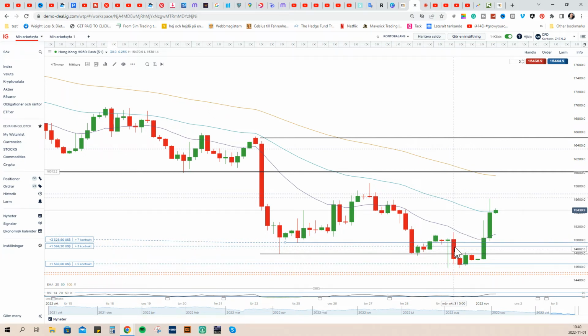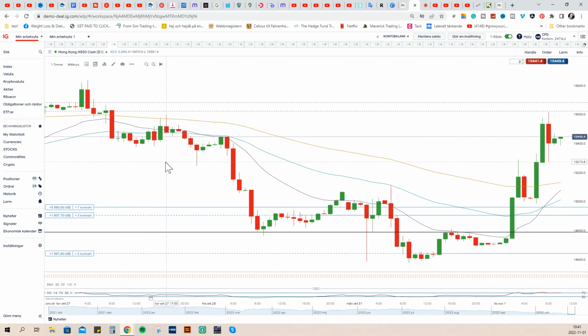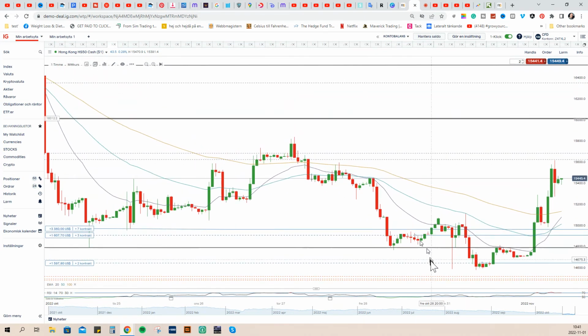But almost, and you can see a lot of inside bars within this structure of the signal bar that is bullish with a tail here on the bottom. Let's have a look on the 1-hour chart, how it looks. Yes, also a beautiful bullish hammer here.